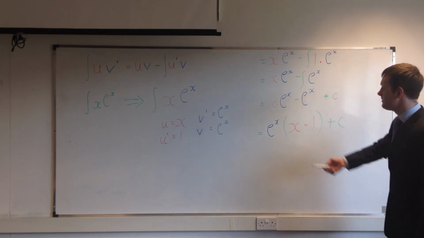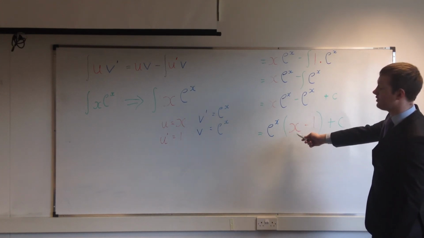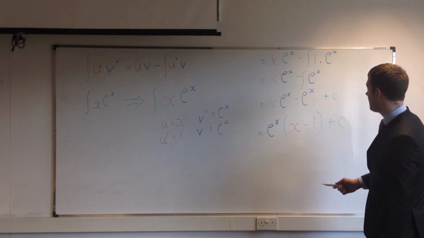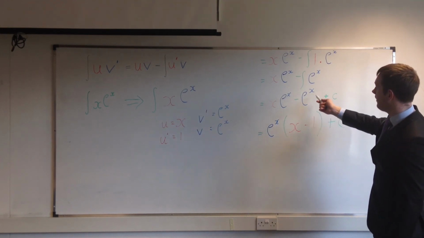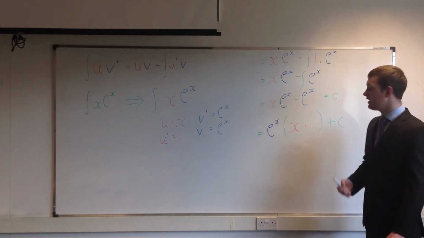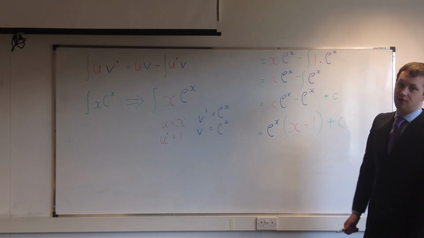Now obviously times in e to the power x times by x will give x e to the power x, and then e to the x times by minus 1 will give e to the x, giving us the same answer just in a more simplified form.